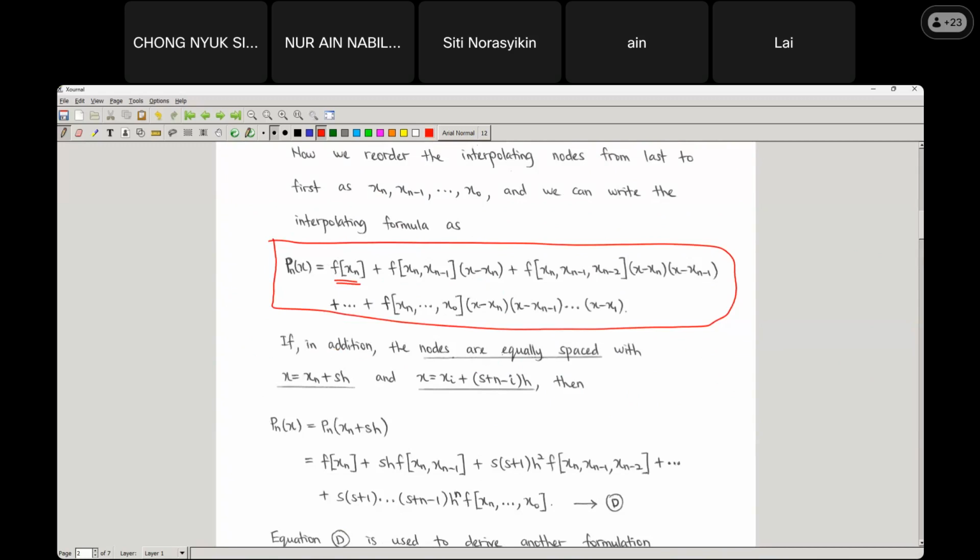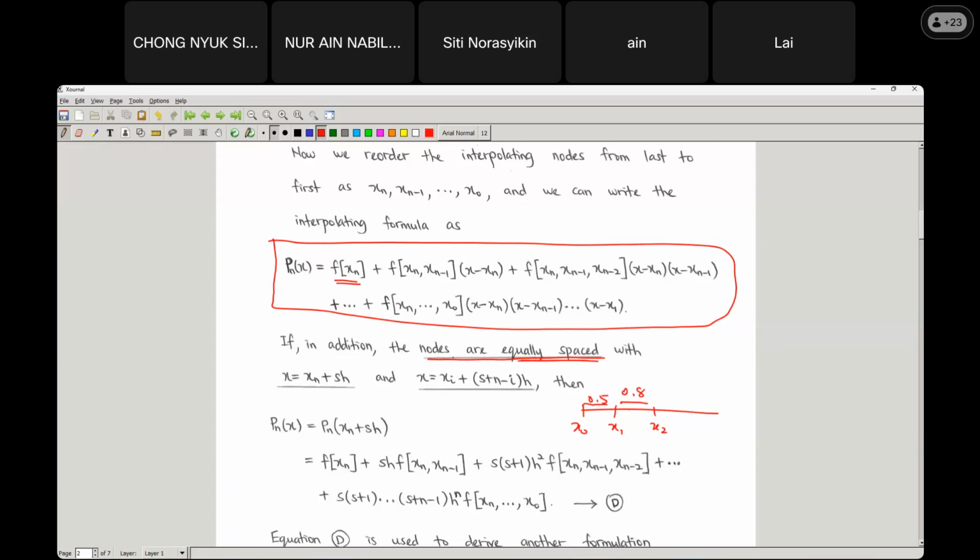So what you're going to remember is that the nodes are equally spaced. Equally spaced, you know that the size between x0 and x1, and x1 and x2, are the same, and so on. Now, if the question gives you nodes that are not equally spaced, so for example, I give you x0, x1, and this is 0.5. Next, this is my x2, and between x1 and x2, this is 0.8.